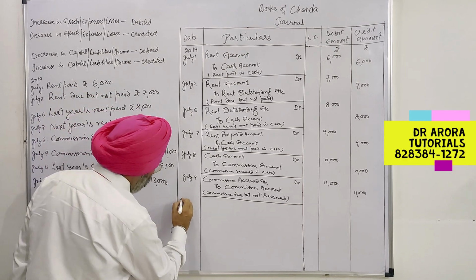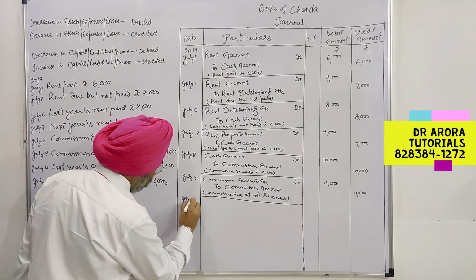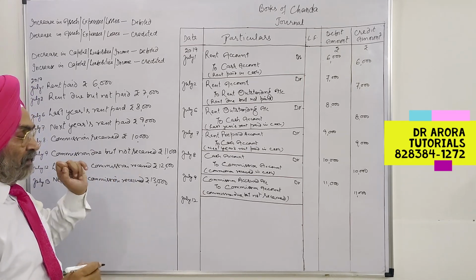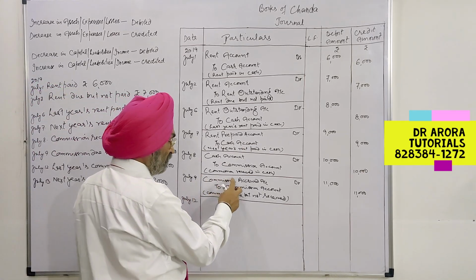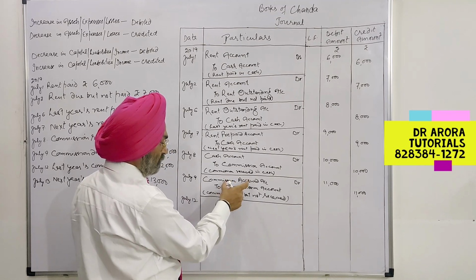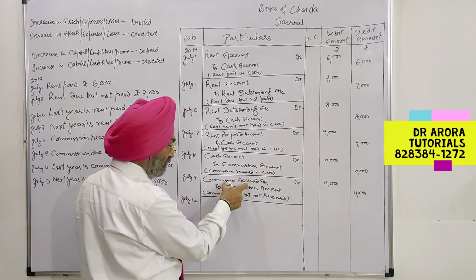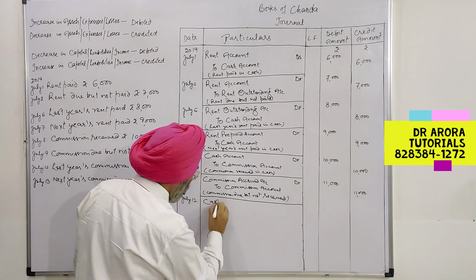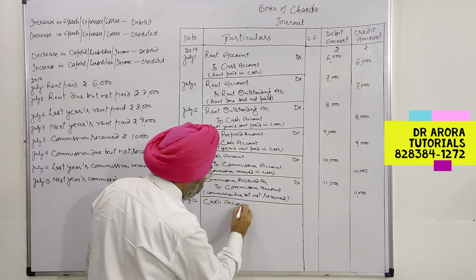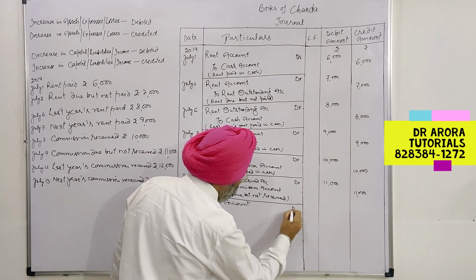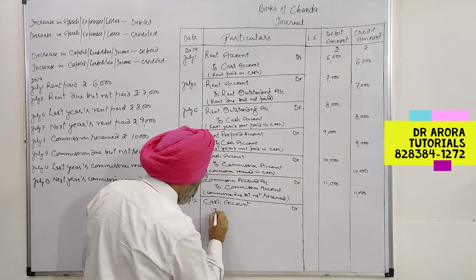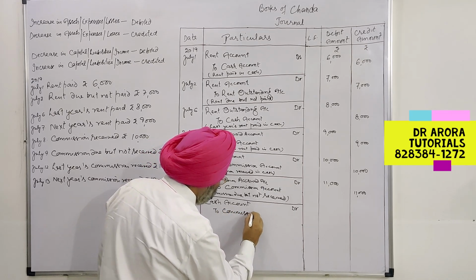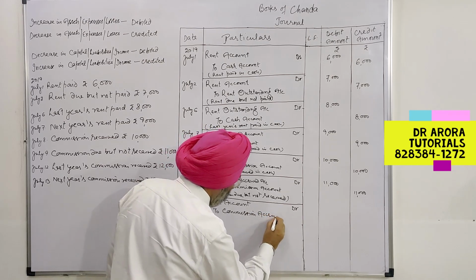Then July 12th. Last year's commission received. Last year this entry must have passed. So this was our asset. That asset is received now. So this will be cash account debit because cash we are receiving, and commission accrued as an asset will decrease because last year this account was opened.